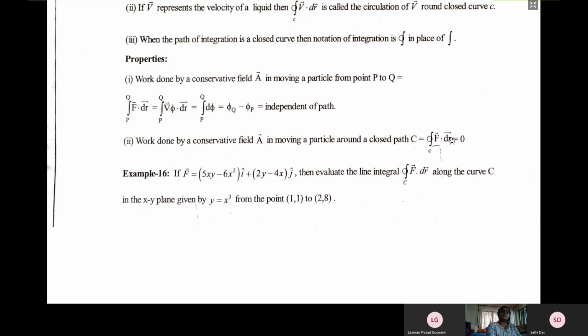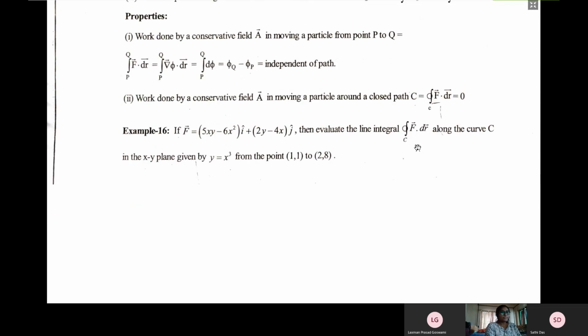Similarly in electrostatics, if you move a charge from a particular point A to a particular point B, the work done in moving the charge from A to B is path independent.